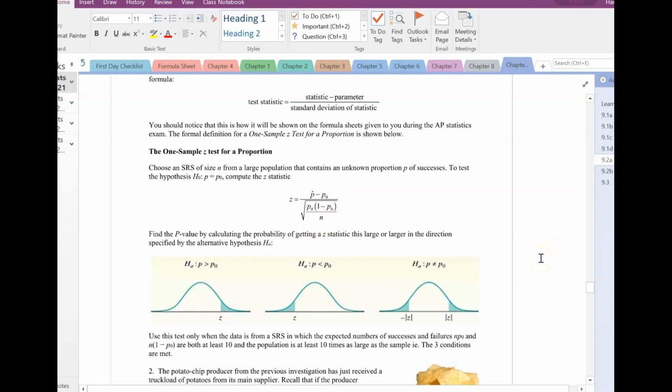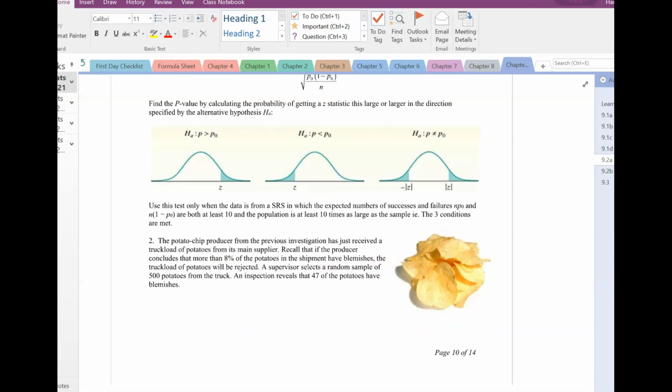You are either looking at p, the actual proportion, is greater than the hypothesized proportion, less than, or not equal to. Those are the 3 scenarios that you're taking a look at in this test. And you can see on a normal sampling distribution where that's located. These are one-tail hypotheses. This is a two-tailed hypothesis. And as always, this test really only applies if the 3 conditions are met.